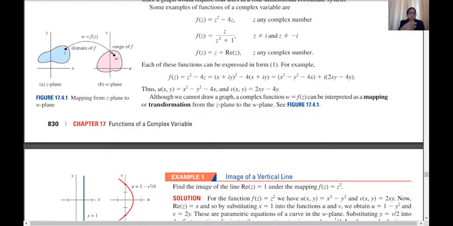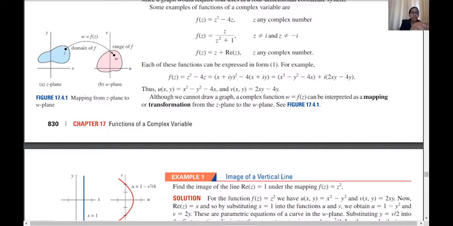Now guys, just look into figure 17.4.1. So we had stated that complex functions cannot be graphed easily, but we can map them, like there is a mapping from the z plane to the w plane. Both are complex planes only. In z, x is the real axis and y forms the imaginary axis, and in case of w, u is the real axis and v forms the imaginary axis.